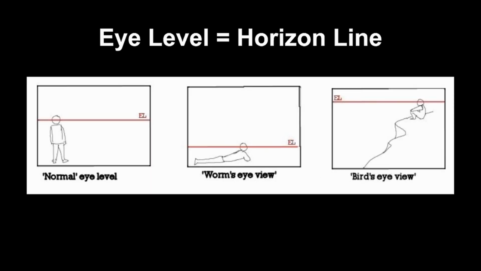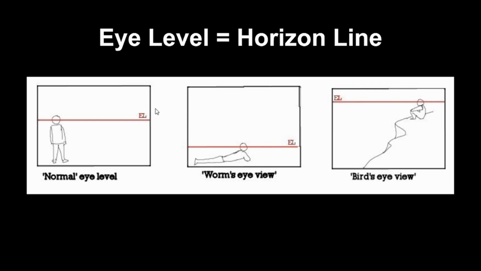So the first thing to understand linear perspective is we need to understand eye level, which we could also call the horizon line. So if you're standing or at a normal height, maybe sitting, your eye level is going to be at the middle of a page. If we're drawing that horizon line, you can maybe go look out your window right now and see that your horizon line might be a little bit farther up.